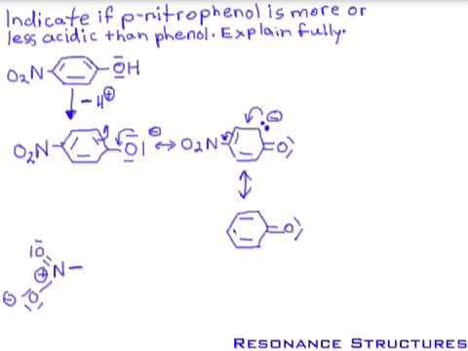Now in this structure, I'm going to draw its lone pair, the NO2 in its full form. And we'll come back to this structure in a moment. So I can continue drawing my structures, moving the lone pair around the ring.